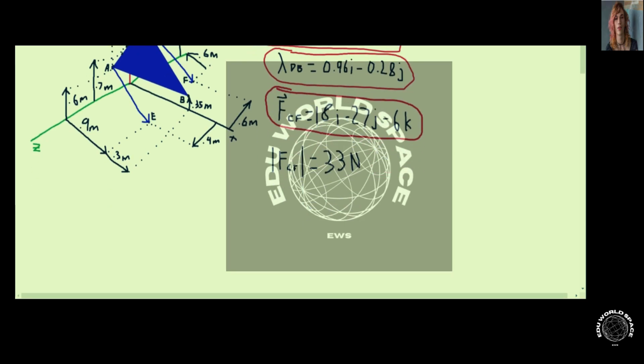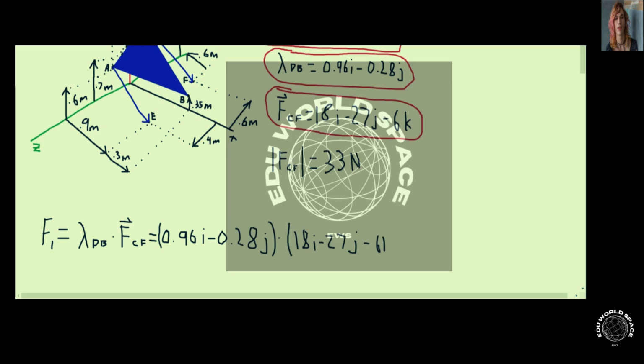So to do that, we can write the parallel force component as F of 1, which is equal to the unit vector from D to B dotted with the force vector from C to F. So this is equal to the unit vector dot the force vector, and this will give us a parallel component of 24.84 newtons.